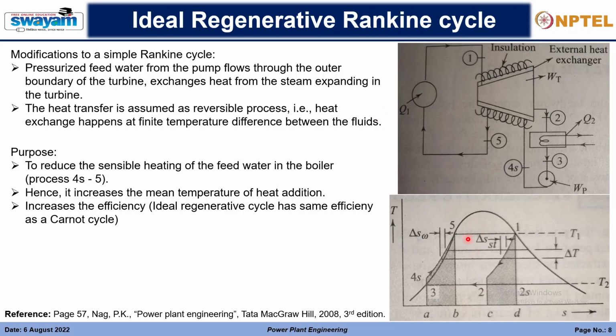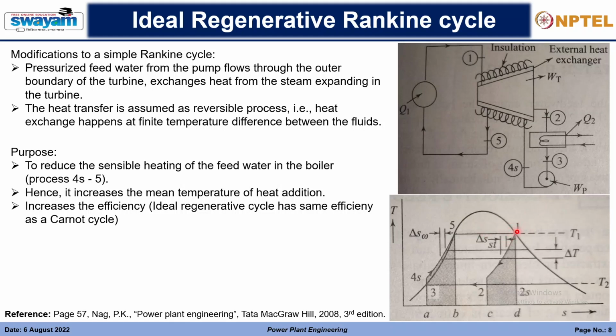How? Basically we provide heat at these saturated conditions and increase the state from the saturated conditions to the superheated conditions, so we use a superheater at the boiler. Now we do not have to use that.